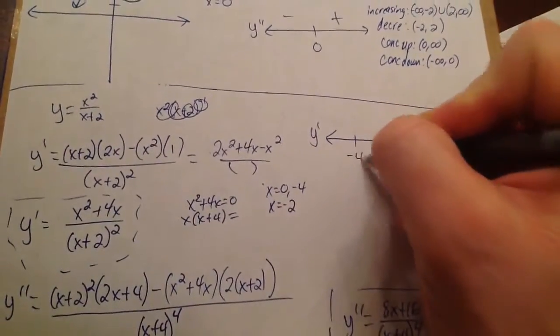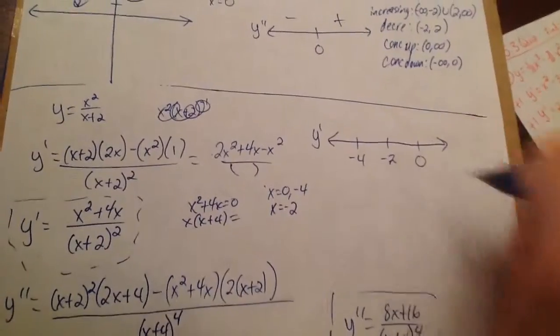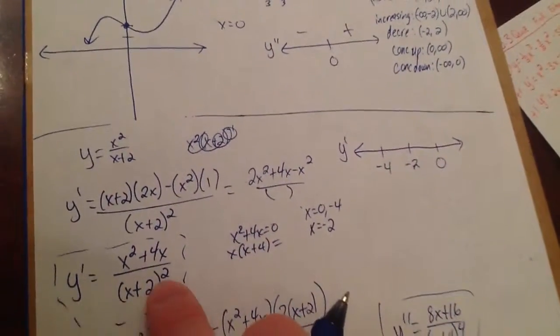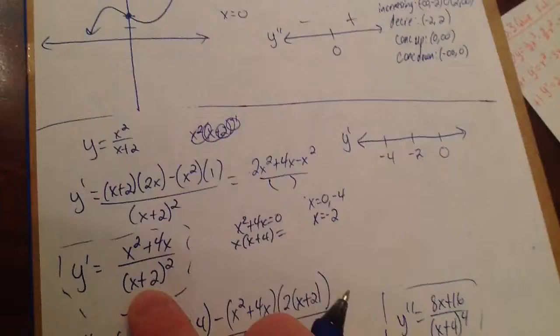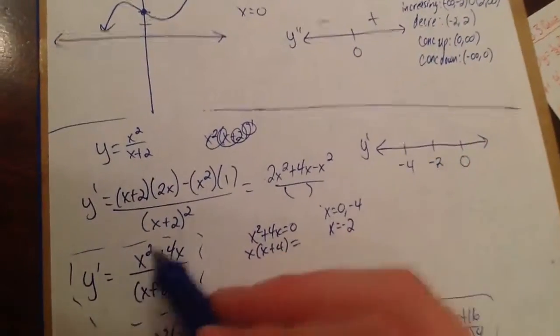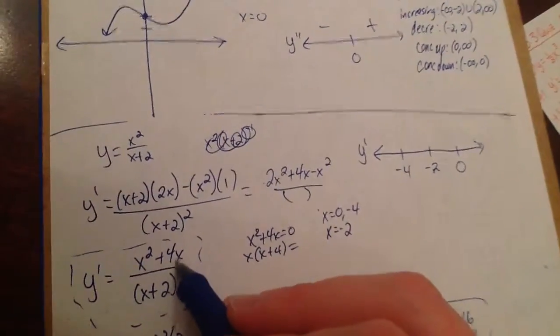Let's see, negative 4, negative 2, 0. So to the left, plug in negative 5. The bottom's squared, so the bottom will always be positive. So we just got to worry about the sign of the top. If I plug in negative 5, squared is 25 minus 20.